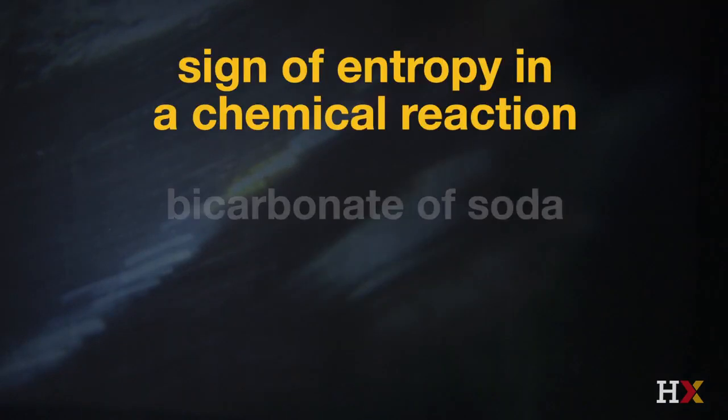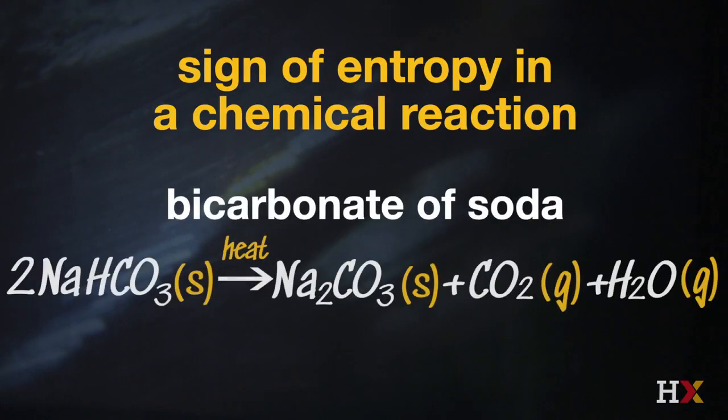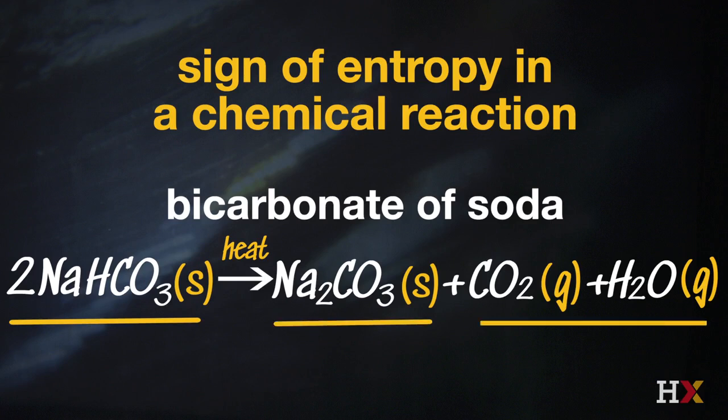Let's take bicarbonate of soda. And this is a very famous compound because it's used in cooking. And it's used in cooking because it starts as a solid, and when we heat it, it turns into sodium carbonate, but it releases carbon dioxide and water in that reaction.